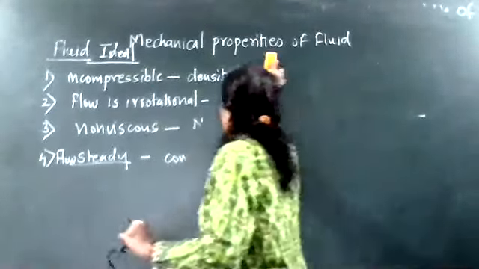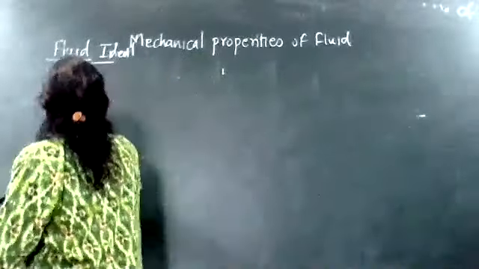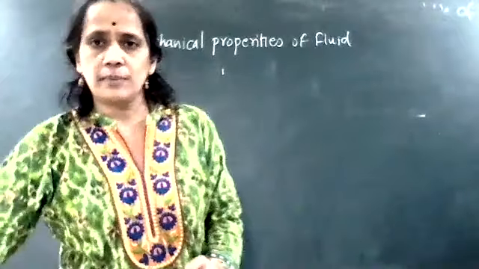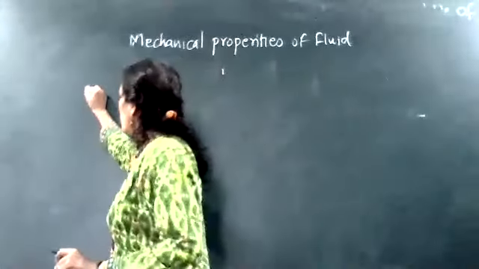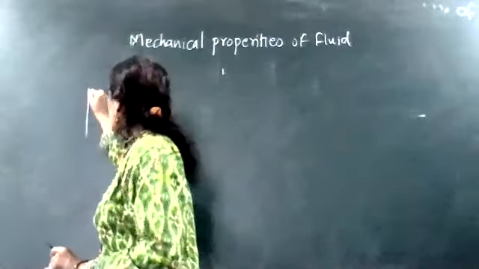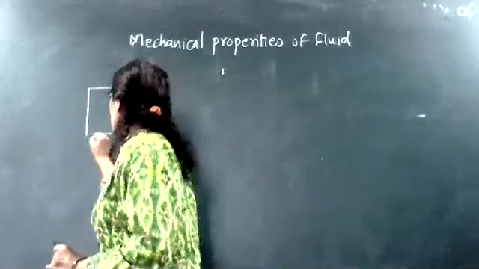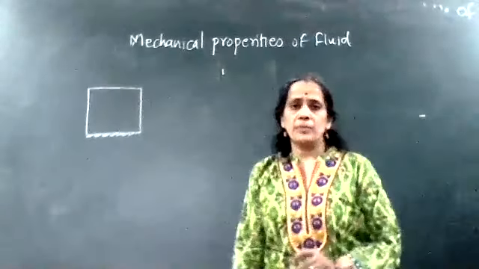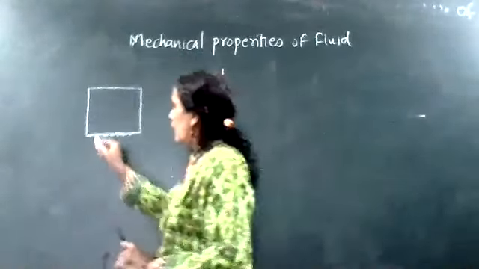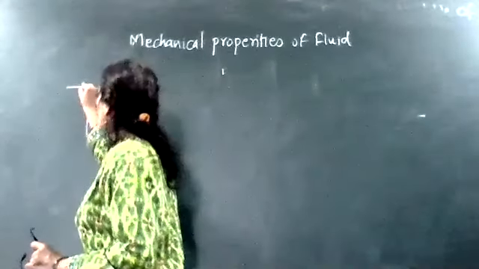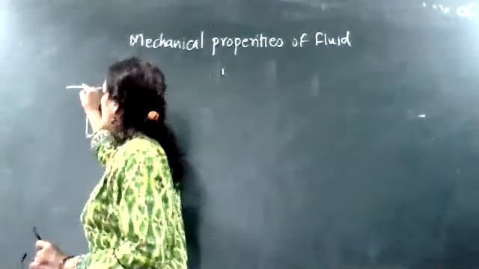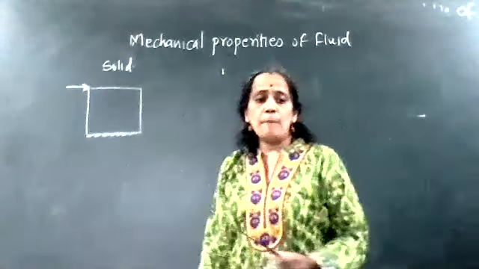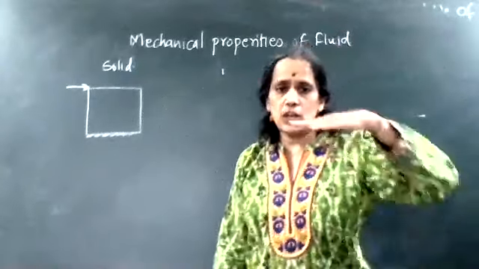That basic difference is the property of shearing modulus. You have seen in 11th standard that if I consider a cubical structure, and the lower surface of the cube is kept fixed, and I apply a force on the upper layer of this solid, this force is a tangential force.